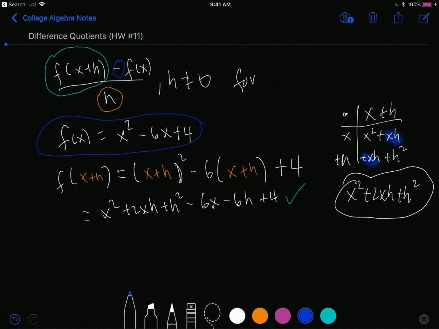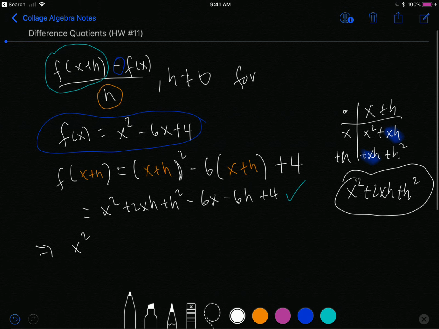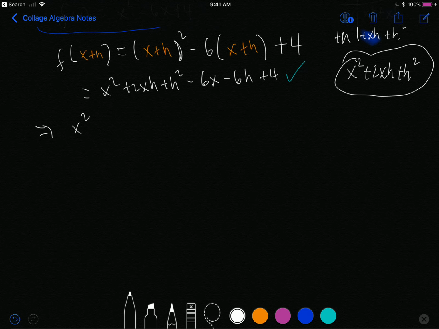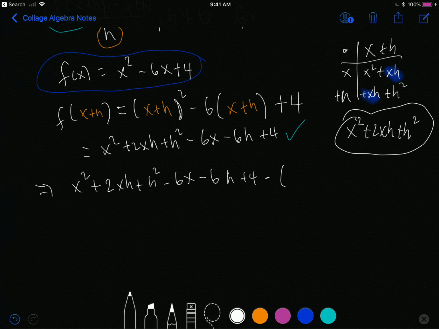I have to rewrite f of x plus h, which is this really long function: x squared plus 2xh plus h squared minus 6x minus 6h plus 4, and then I will be subtracting out f of x, which happens to be x squared minus 6x plus 4.